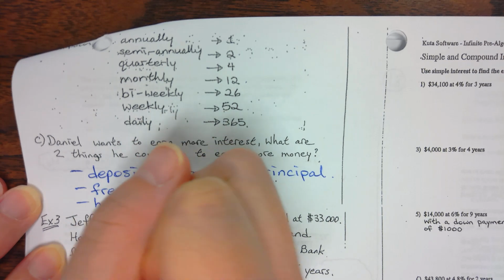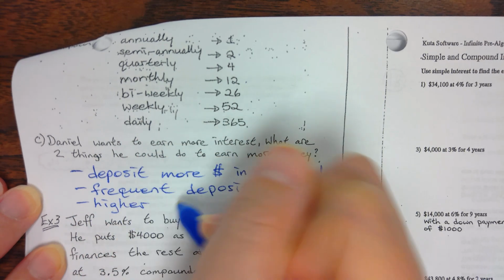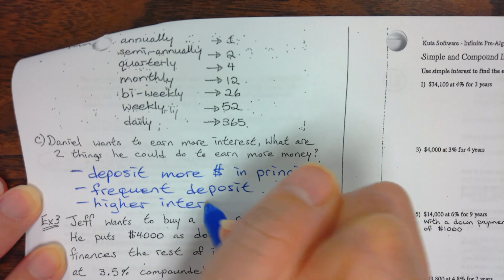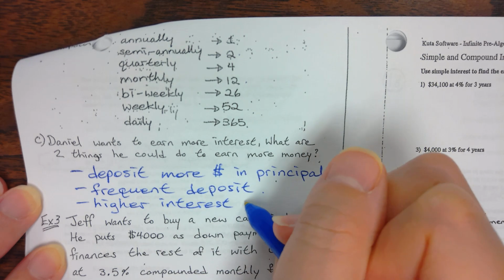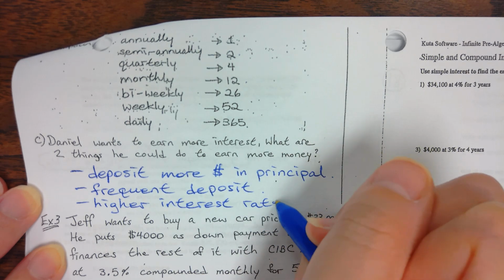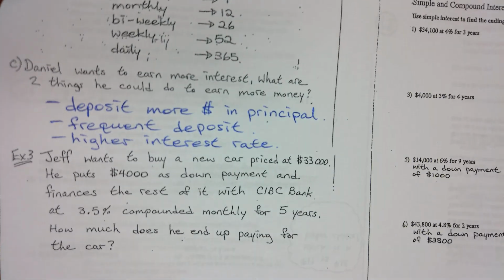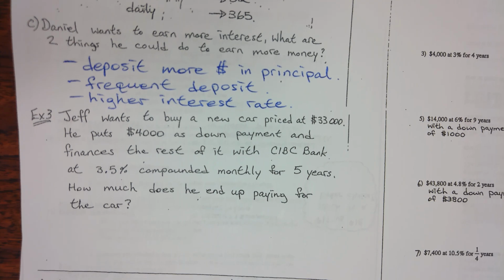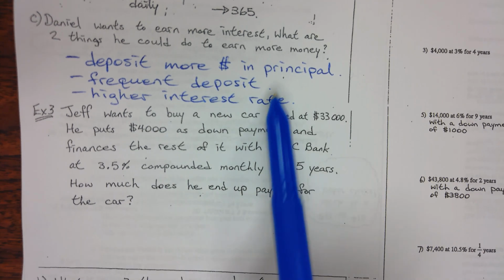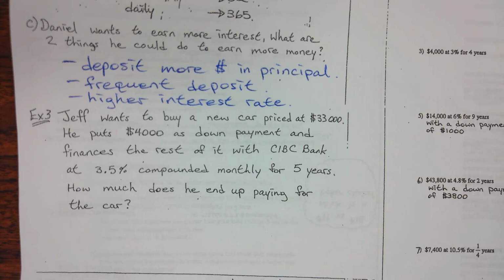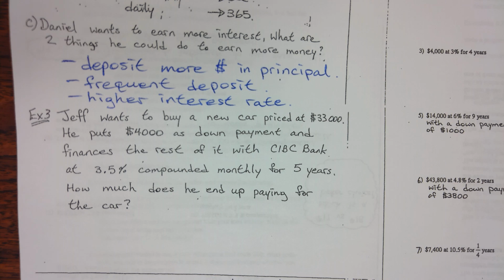Okay. Higher interest rate. Okay, these are all ways to make more money. Okay. Longer duration. Alright. EQAO will love to ask these. So they'll say a question like, select the 2 options where you will make more money, for example.